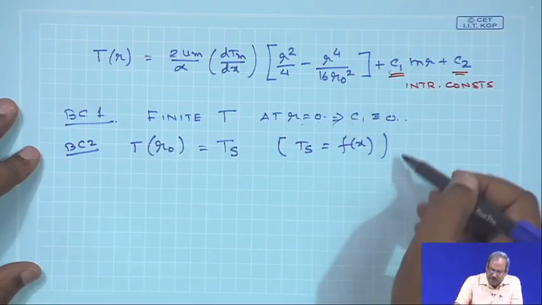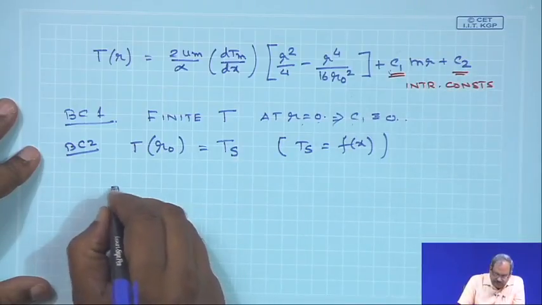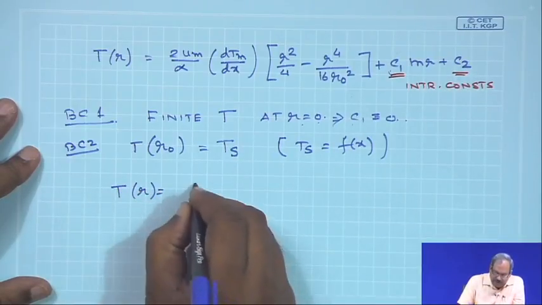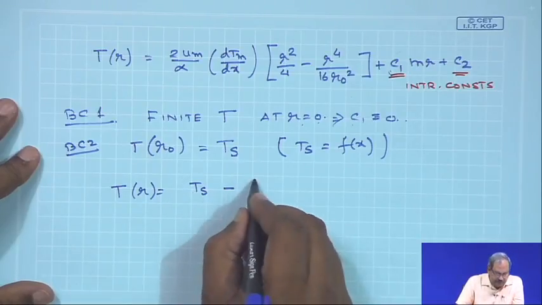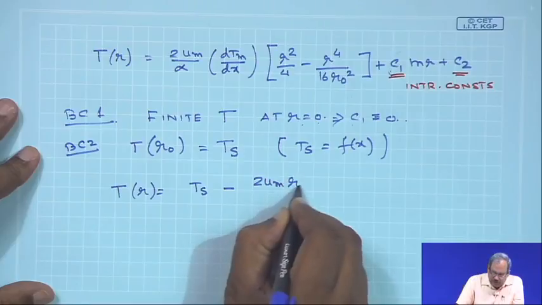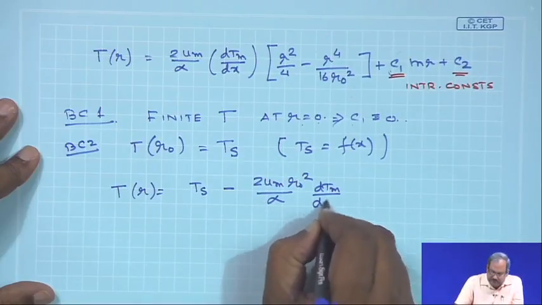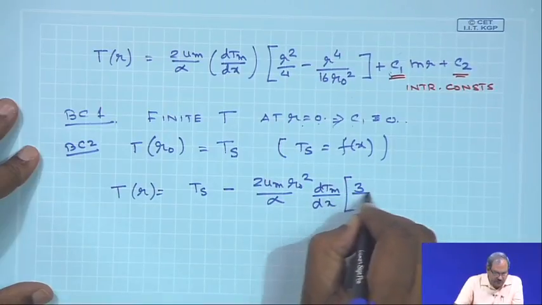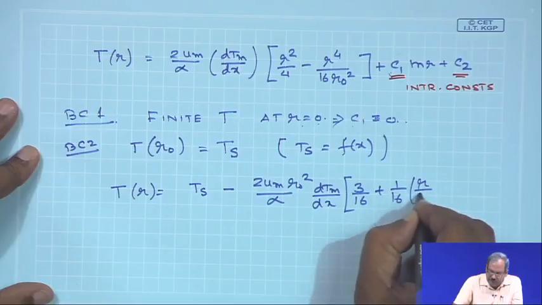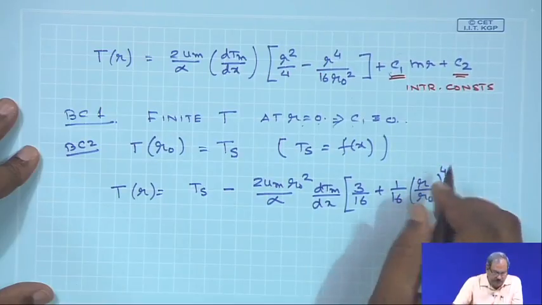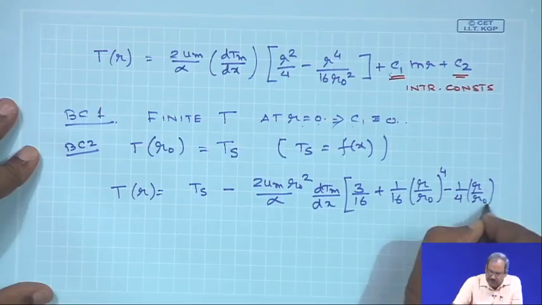So, when I use these two and simplify and find the expression for C2, the final expression would be T of r is Ts, again Ts is a function of x, 2 r naught square by alpha dTm by dx, and the inside is going to be, again please do it on your own to practice and to see you are getting the same result.